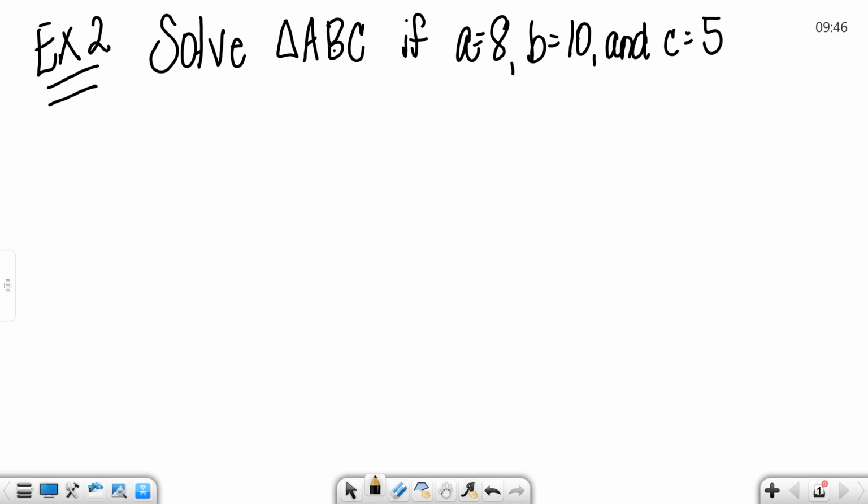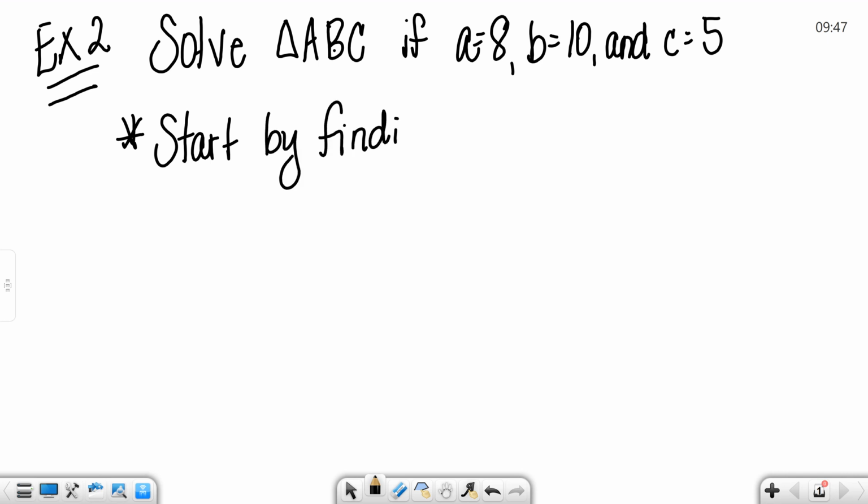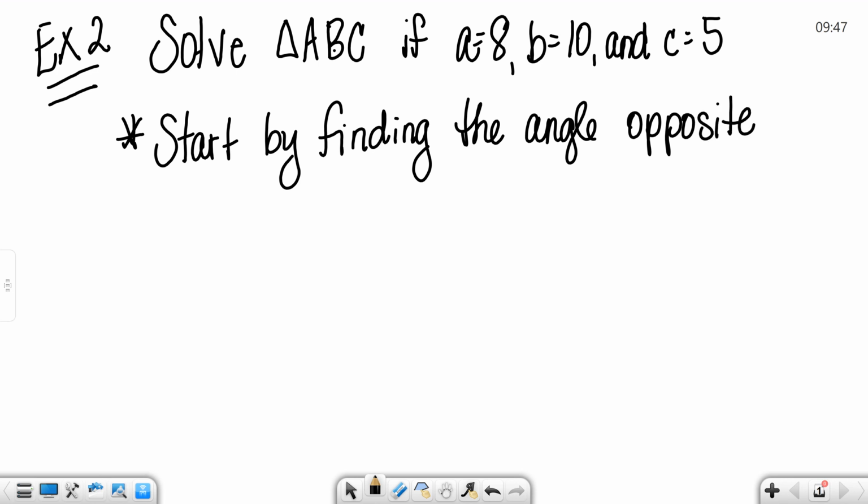Now, in a case like this, when you've got all three sides, every time this is what we need to do, we are going to start by finding the angle that is opposite the longest side.